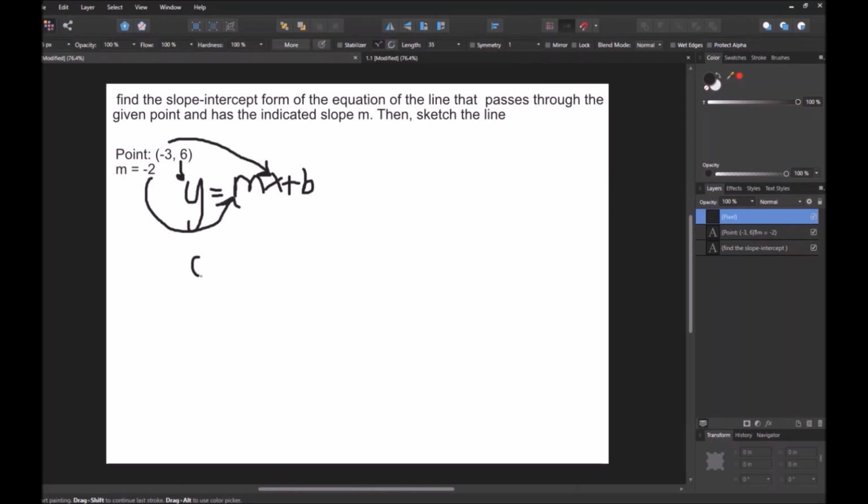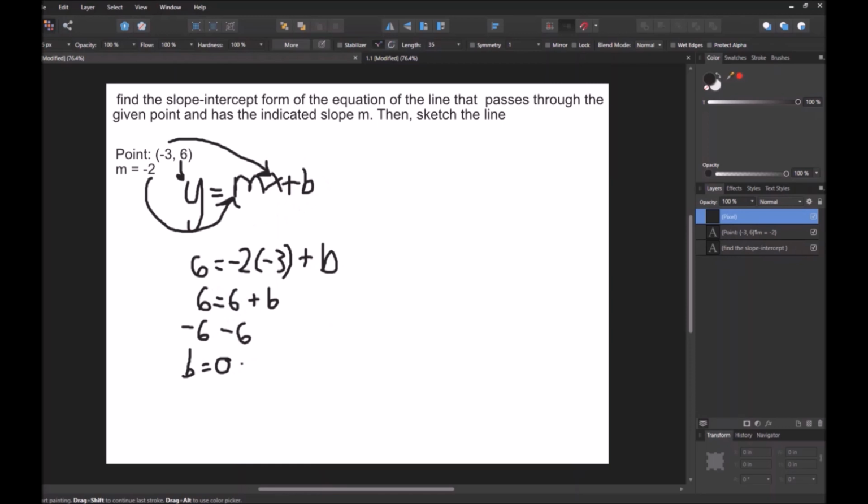So we're going to plug in 6 for y, negative 2 for m, negative 3 for x, and we're just going to write plus b, and we're going to solve for b. So negative 2 times negative 3 is positive 6, so we have 6 equals 6 plus b, and because we're solving for b we have to subtract 6 to get b alone, and we get b equals 0.